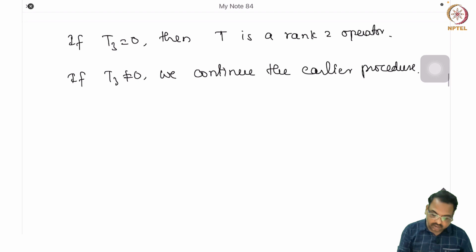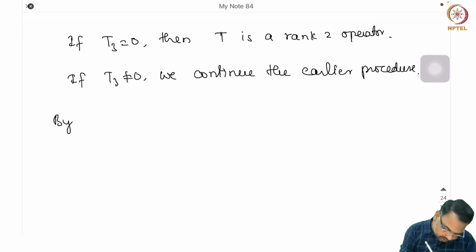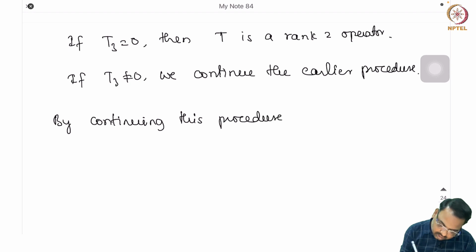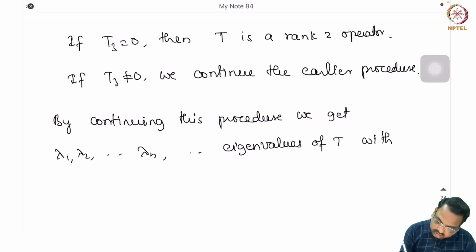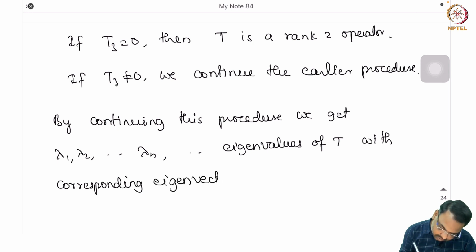Now by continuing this procedure, we get lambda 1, lambda 2, and so on, lambda n eigenvalues of T with corresponding eigenvectors phi 1, phi 2, phi 3, and so on, phi n.